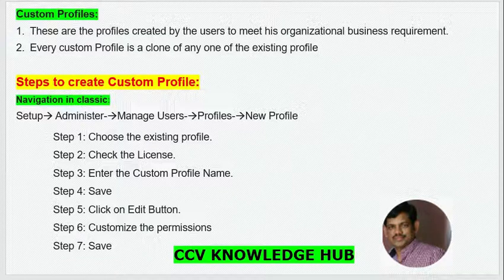If you want to change the license, yes, we can change it at this point. Then enter the custom profile name, whatever name you want according to your requirement, and click on Save. Click on the Edit button, customize the permissions, and save. So these are the different steps available in the Classic version.